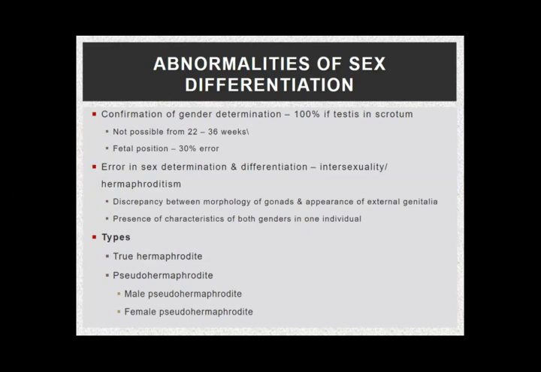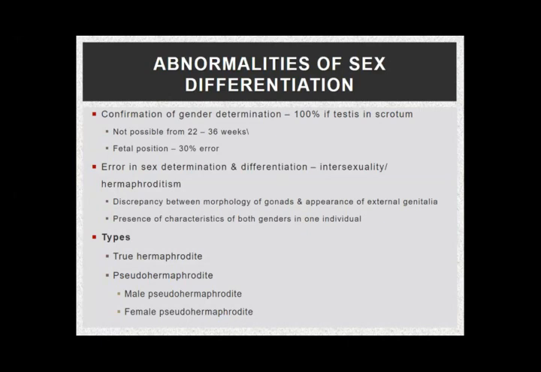दूसरी बात यह है कि at times error also arises because of the fetal position. The fetus may be lying in such a position that it obscures the external genitalia. So that also leaves us an error in determining the gender of the baby. Okay?